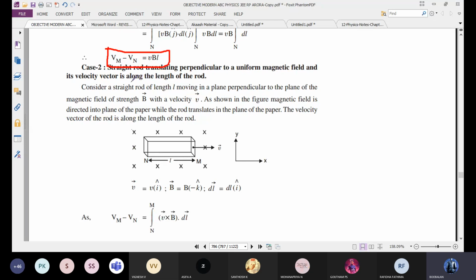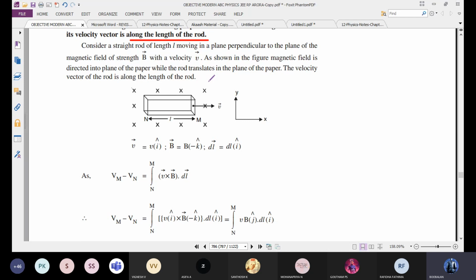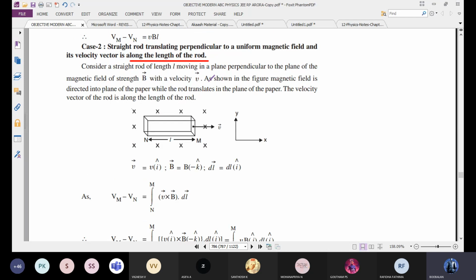Next one, along the length of the rod. Please note down the formulas now. A straight rod translating perpendicular to a uniform magnetic field, and its velocity vector is along the length of the rod.